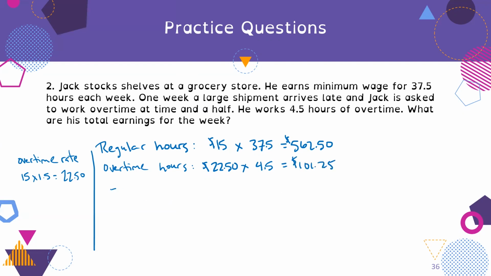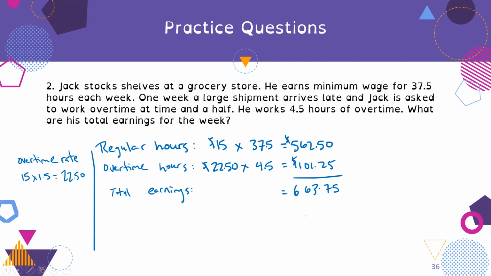So then total earnings for that week, we add those together. And so that equals, so 50 plus 25 is 75 cents. $1 plus $2 is $3. 60 plus $0 is $60. 500 plus 100 is 600.